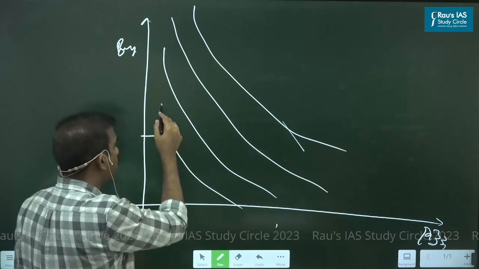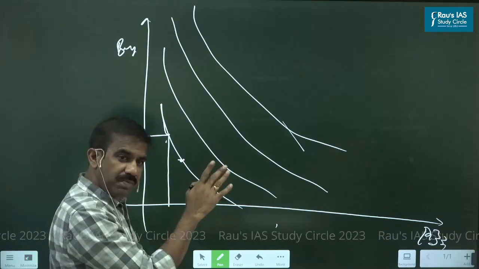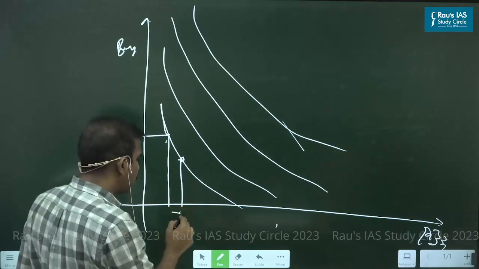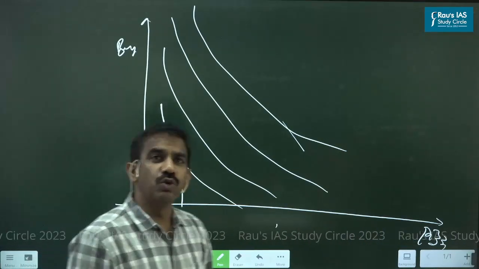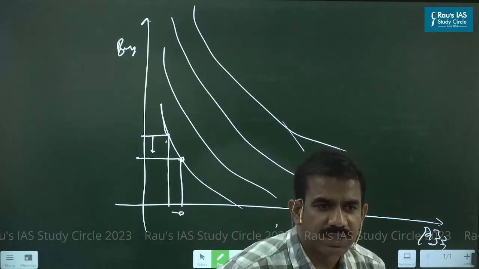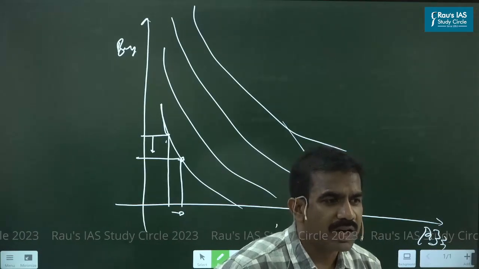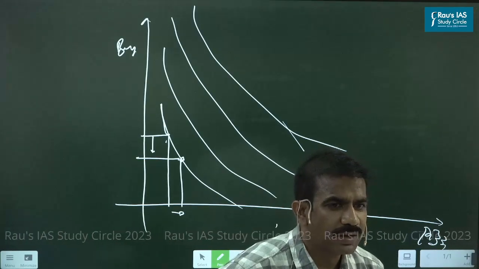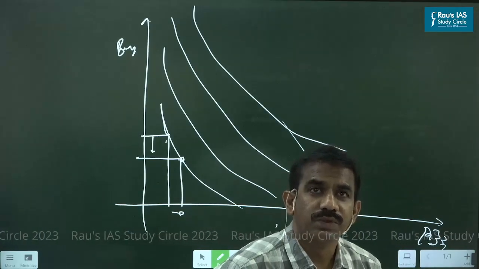If I move from this point to this point, though the satisfaction remains the same, for every extra pizza I consume there are certain burgers I have to forgo. You accept it? Satisfaction might remain the same, but for every extra pizza I consume, I might end up forgoing some burgers. Am I right? Yes or no? You accept it?